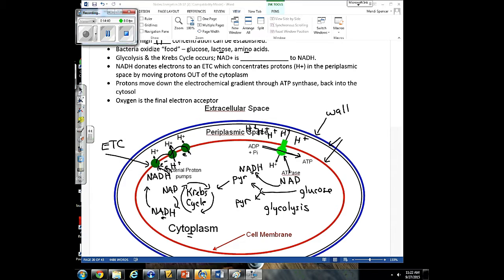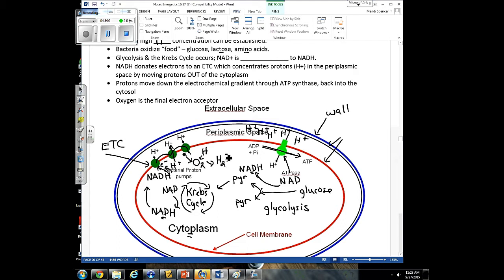Now, the majority of bacteria cells require oxygen, just like you require oxygen, and the oxygen is required right here. It is the final electron acceptor. So oxygen is going to accept that electron off of the last protein in the electron transport chain. It's also going to combine with two hydrogens, and it's going to form water.